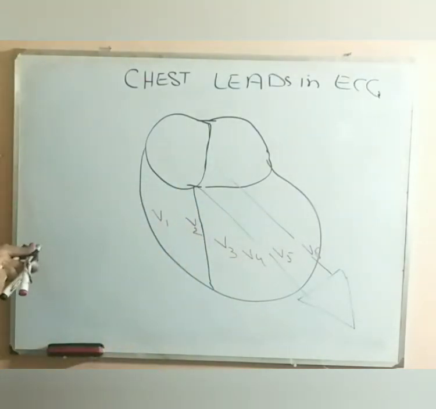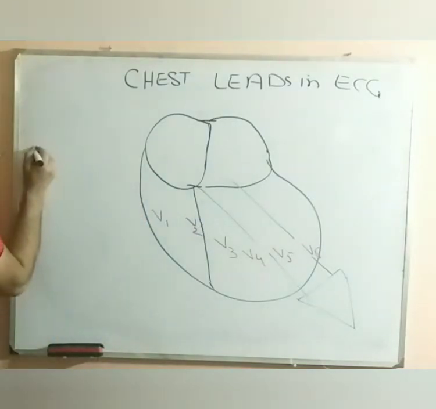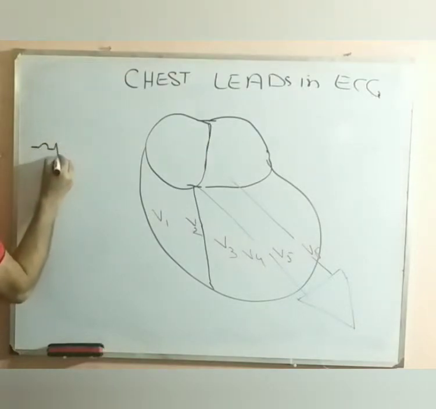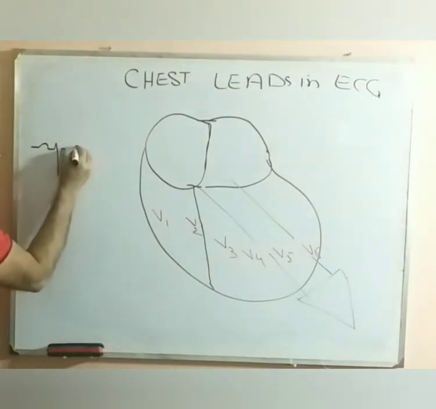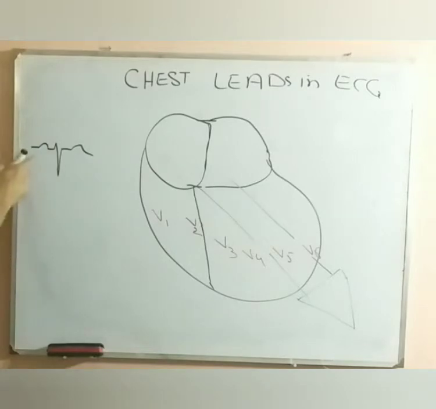So both V1 and V2 generate negative deflections. This is lead V1, a small R wave and a deep S wave. This is V1 and this is V2.